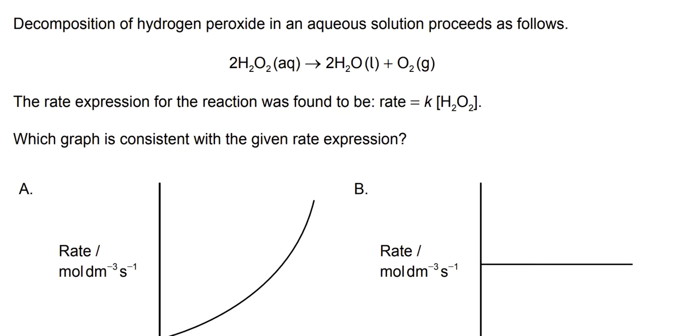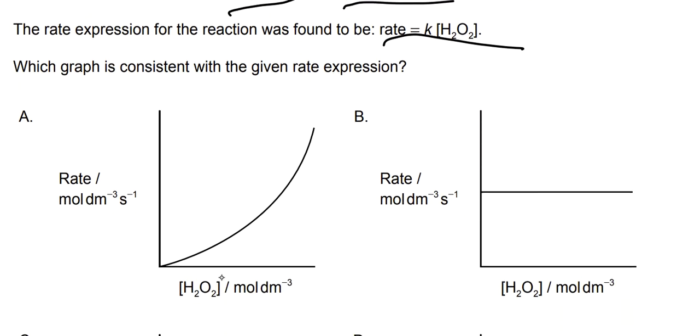The decomposition of hydrogen peroxide in an aqueous solution proceeds as follows. The rate expression for the reaction was found to be as given. Which graph is consistent with the rate expression? We have a first order reaction, so as the concentration increases, the rate increases. Here we see that it increases more than linearly, so this is a second order reaction, that's incorrect.